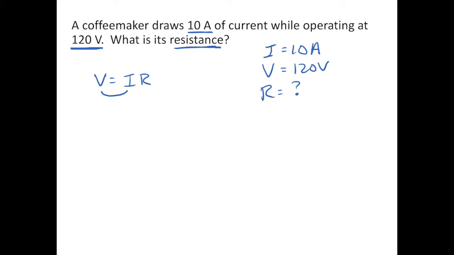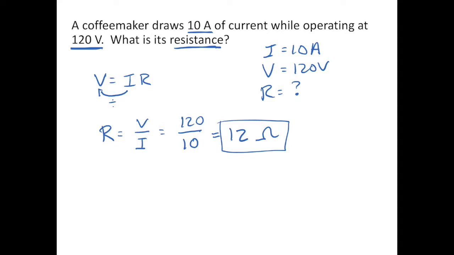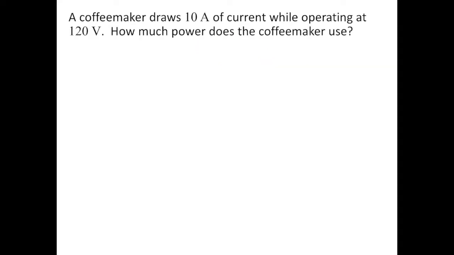When we want to know R, we put I to the other side through division. Again, we get R equals V over I. All right, our voltage is 120. Our current is 10. And if we do 120 divided by 10, we get 12. And that's in units of ohms. 12 ohms. Nice.